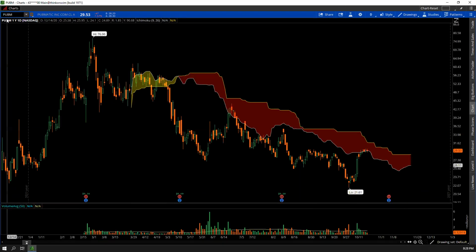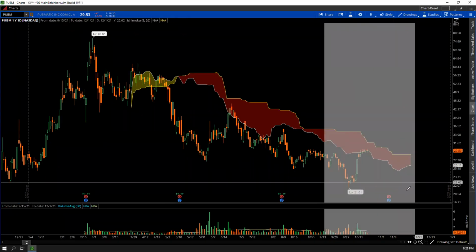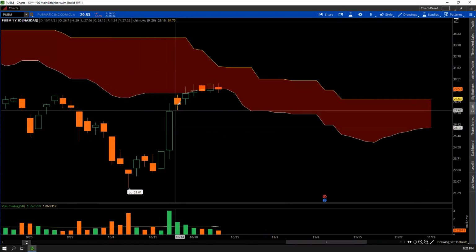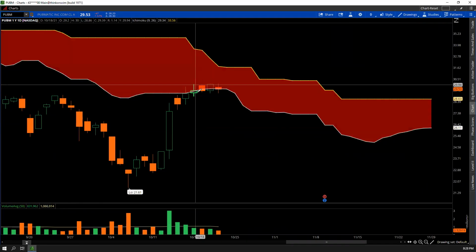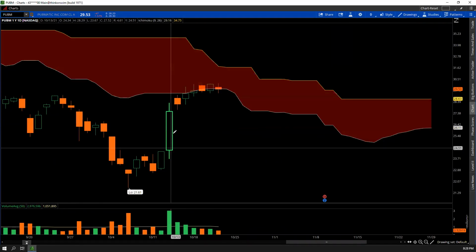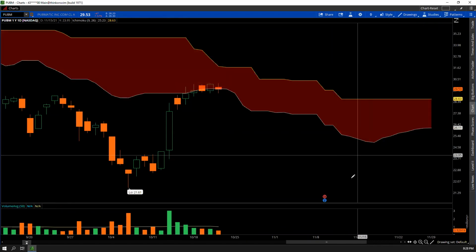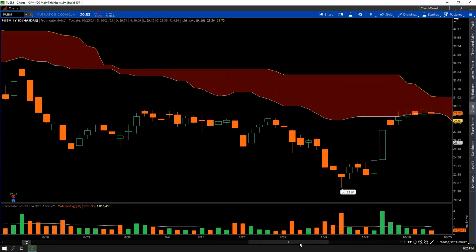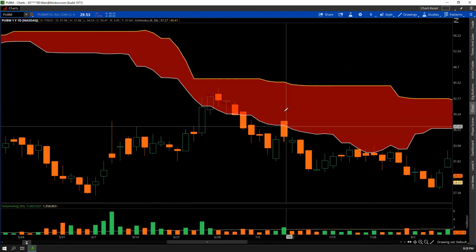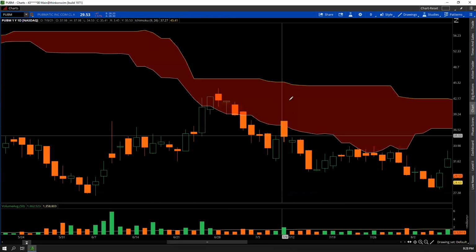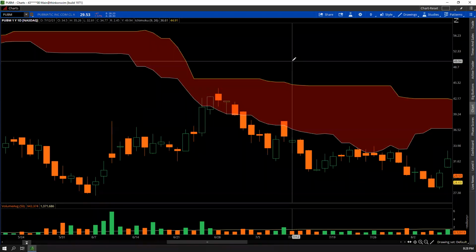This is the daily of PUBM. It tries to come to the cloud, and every day it tries to move into the cloud, but it closes below, right? This is called moving along the cloud. No matter how much it tries, a lot of times when it comes and tests the cloud, if the cloud is red and thick, it's very difficult for it to break out.